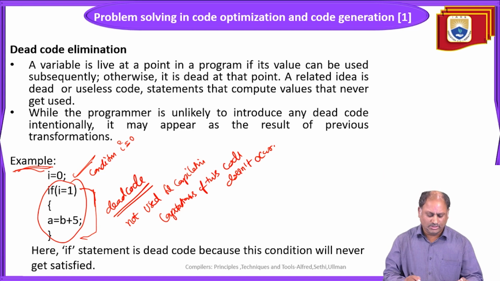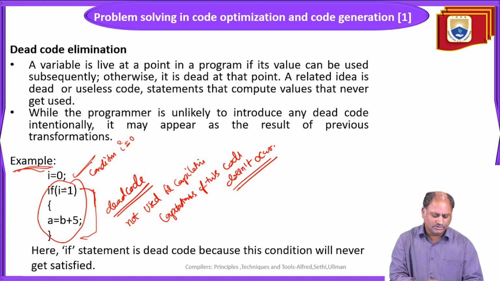This code is to be executed several times, but the presence of this code may not be involved in the remaining part of the program or anywhere else. Then that type of code is to be identified, and that code is said to be dead code.